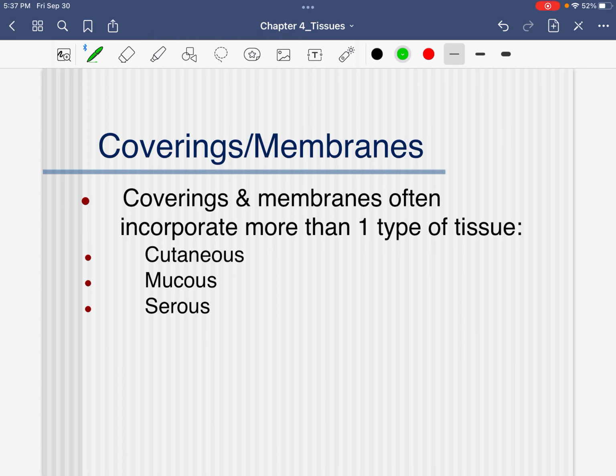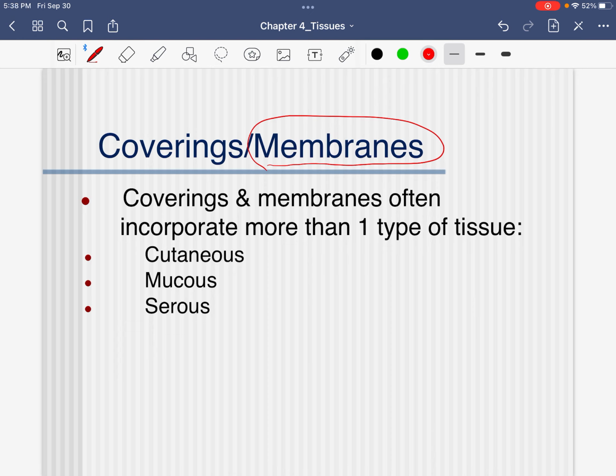Hopefully you can stick with me here and I can just tell you exactly what you need to know. We're talking about the way that we classify membranes in the body. Membranes tend to line cavities or line places in the body. I think it'll make more sense as we go along.